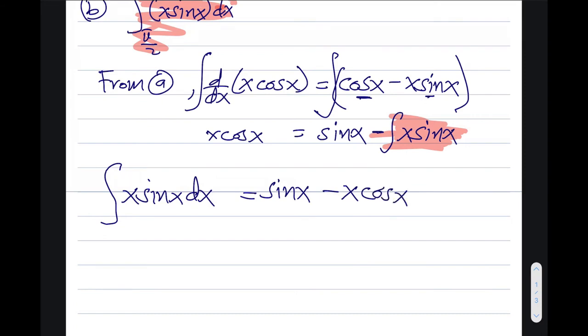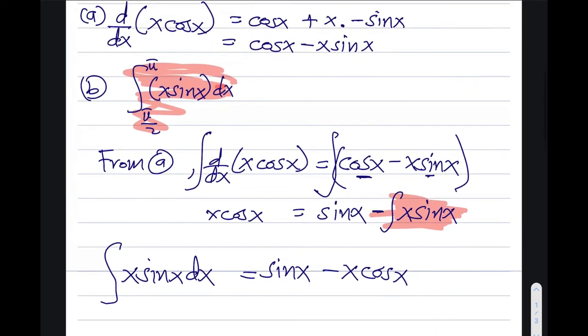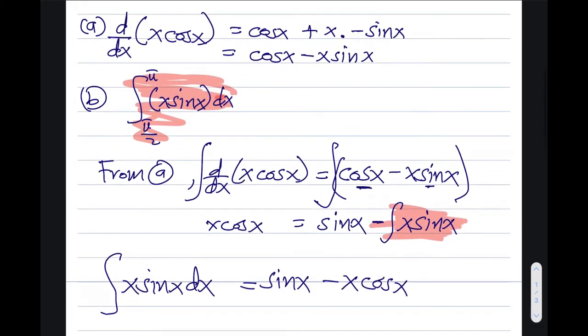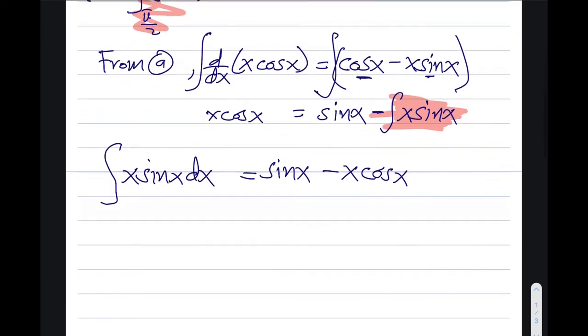So if we integrate what we have here, this is the answer that we get. But the question says we should integrate from pi on 2 to pi. So we are going to integrate from pi on 2 to pi.